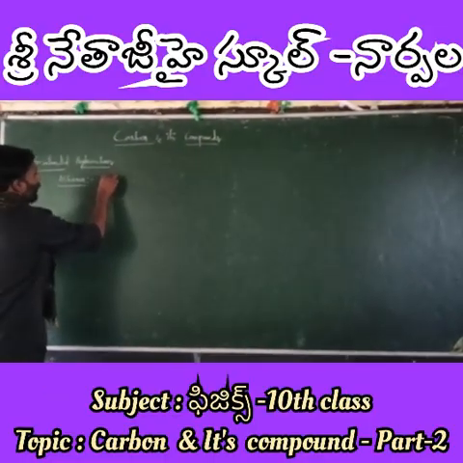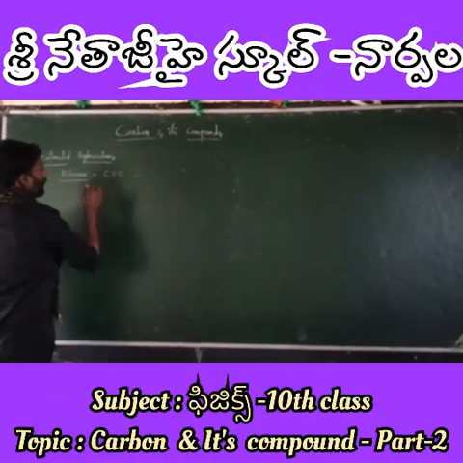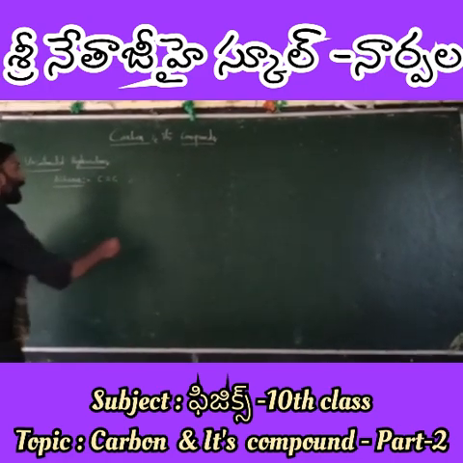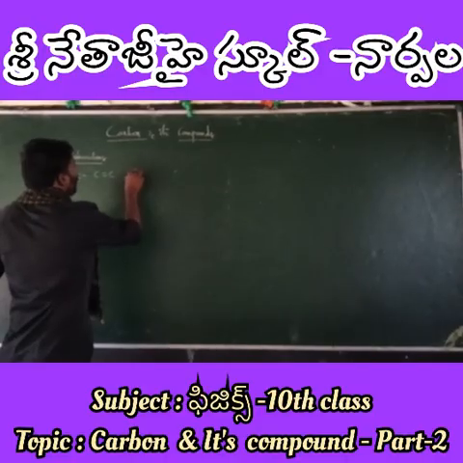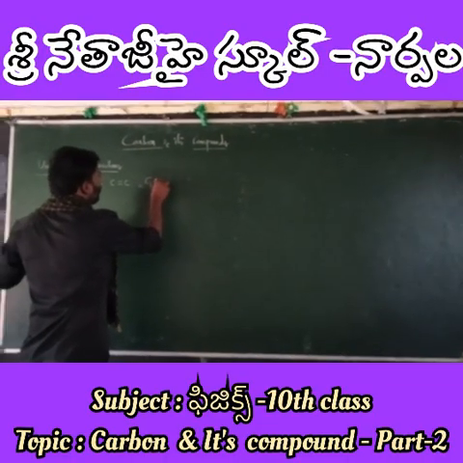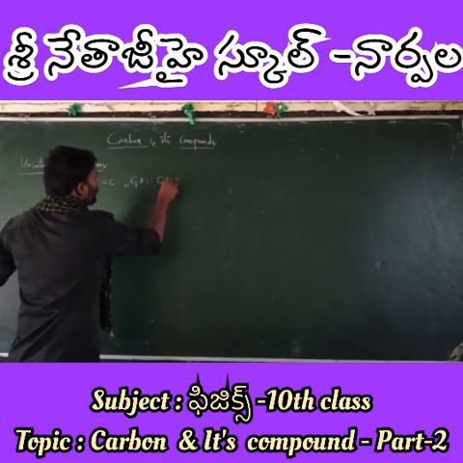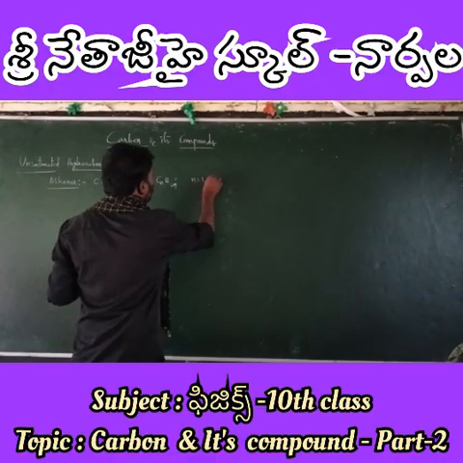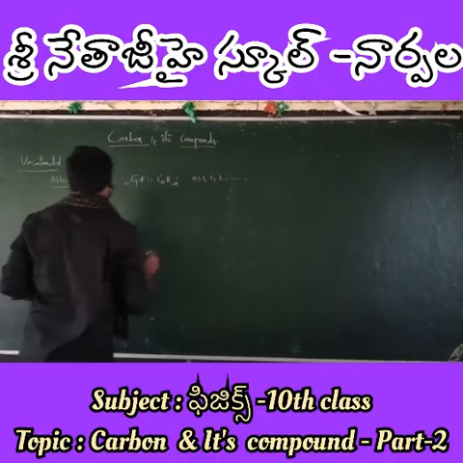So in between carbon atoms there should be a double bond, right? And it should obey the general formula CnH2n, where as usual n is equal to 1, 2, 3, and so on.